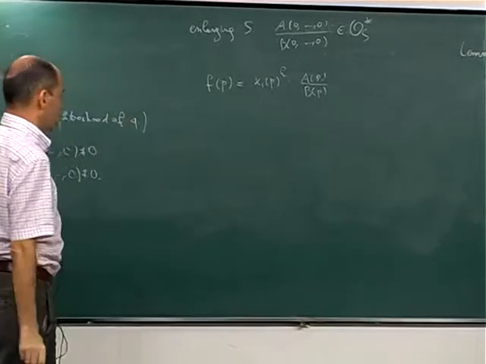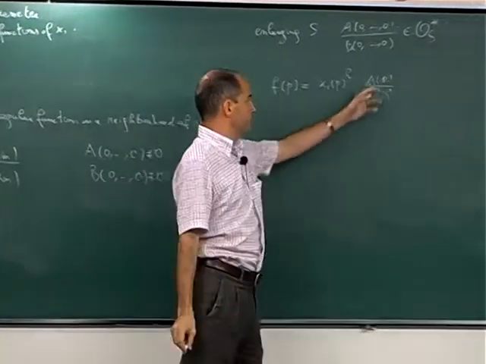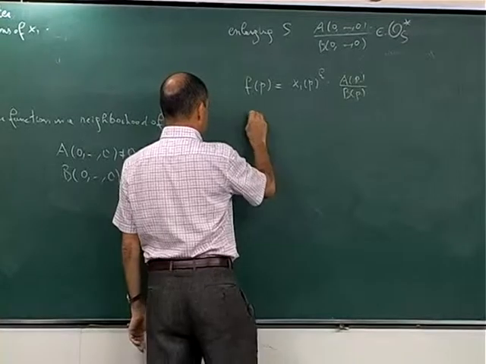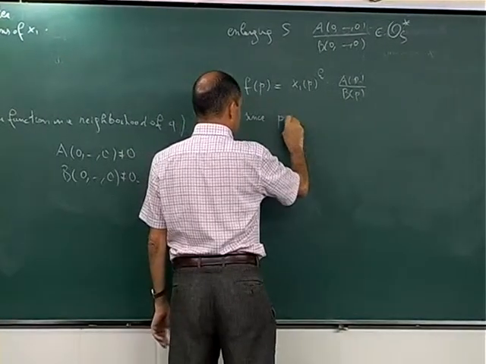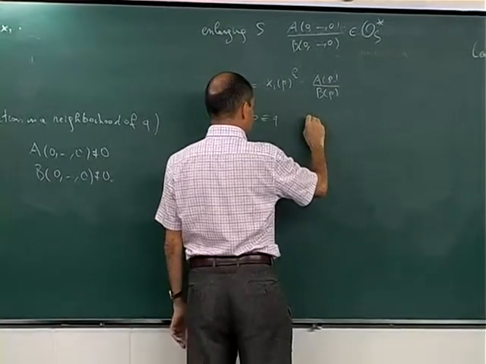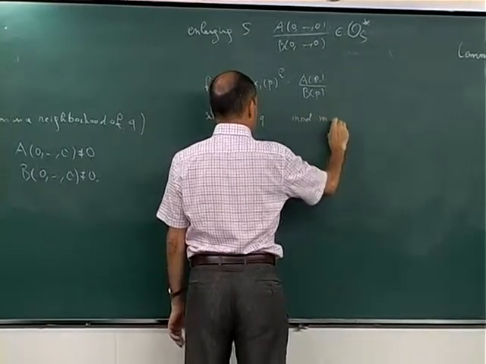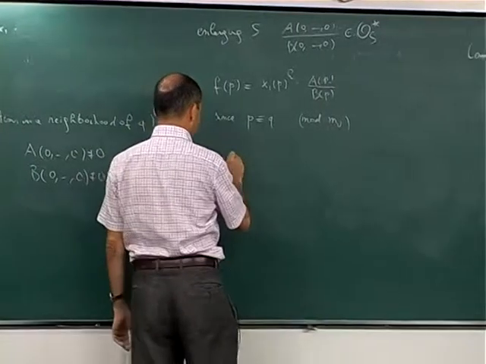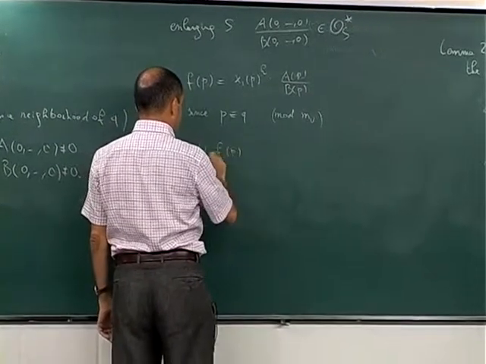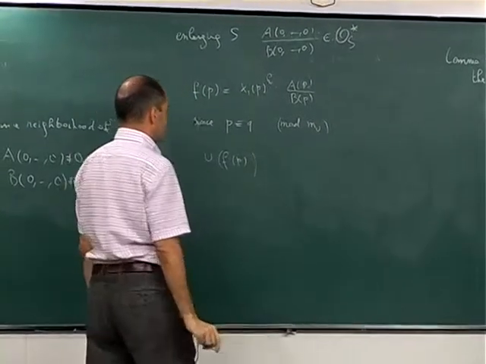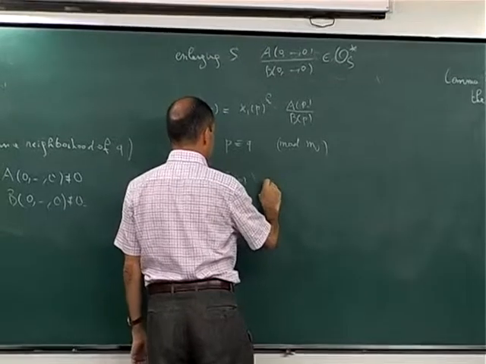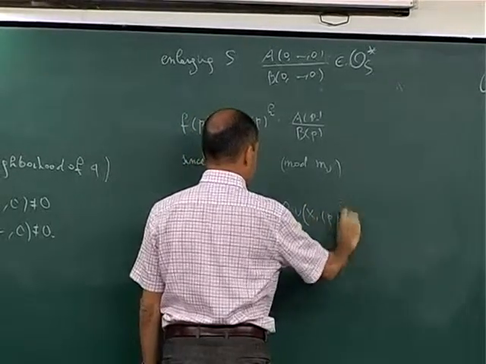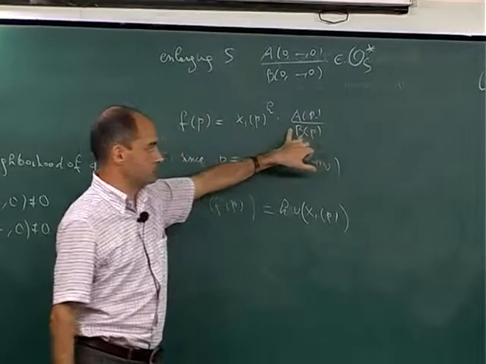And now since P and Q are congruent modulo the maximal ideal, so I obtain that nu of f of P is equal to h times nu of x1, and this is 0.